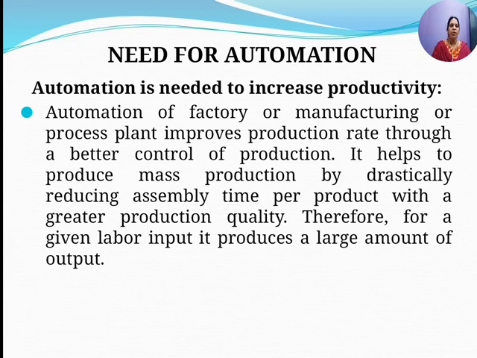It helps to produce mass production by drastically reducing assembly time per product with a greater production quality. Therefore, for a given labor input, it produces a large amount of output.